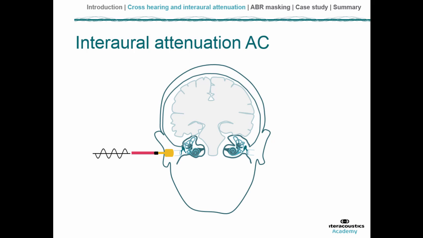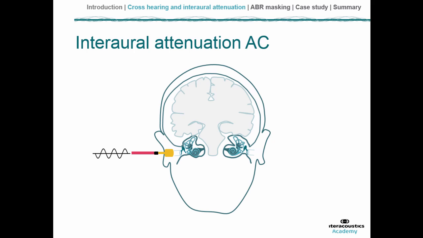Now, something similar also happens with air conducted sound, but the interaural attenuation is naturally higher. So what I'm showing here is sounds that are being presented down the normal air conduction route, and in this case it's an insert headphone, and to the ipsilateral cochlea the sounds would pass down the ear canal through the middle ear bones and then into the inner ear.